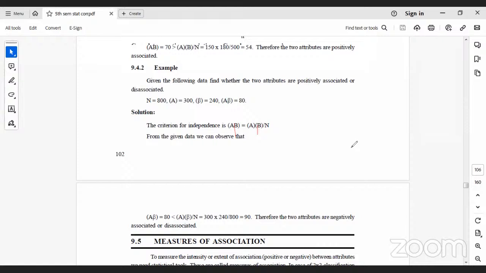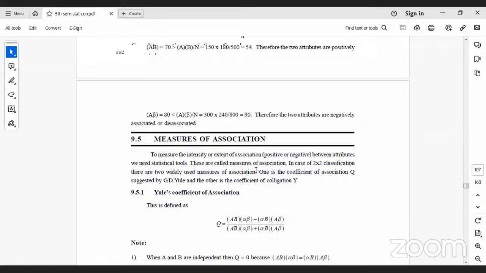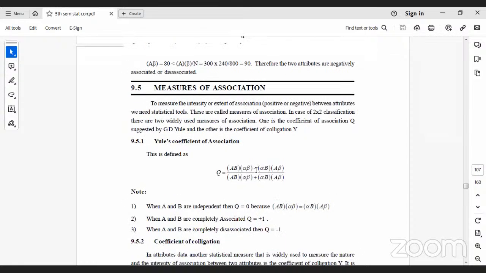A into beta, 300 into 240, is 72000. 72000 by 800 is 90. 80 is less than 90, so the two attributes are not positively associated; they are negatively associated. Because beta is given here, we must write A beta. If the value is greater than, it is positive; if less than, it is negative.